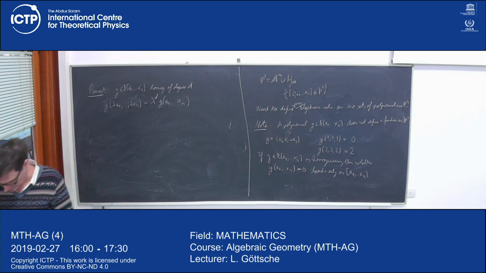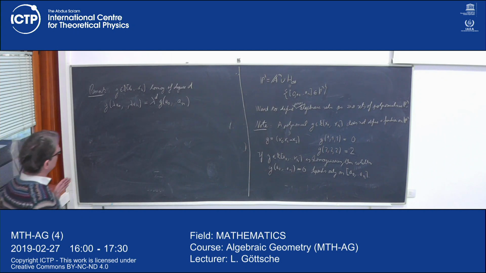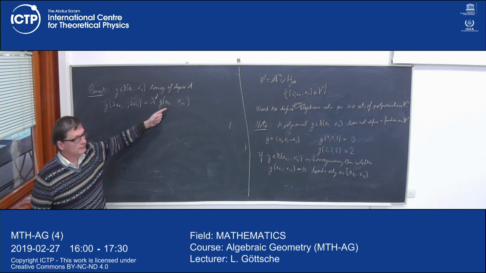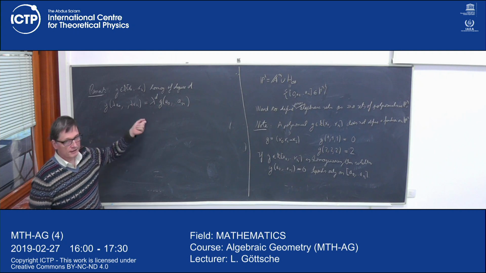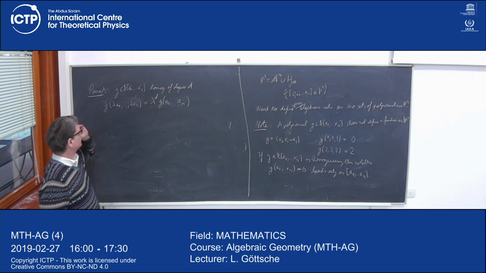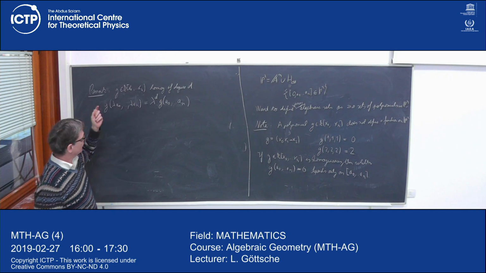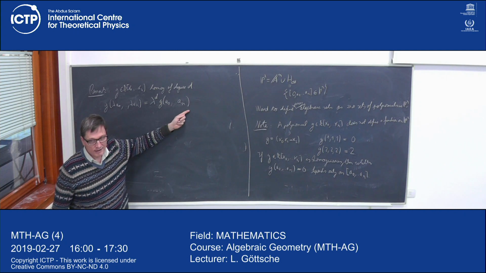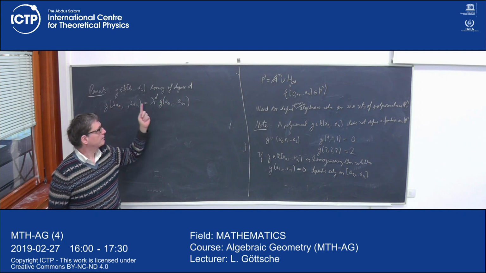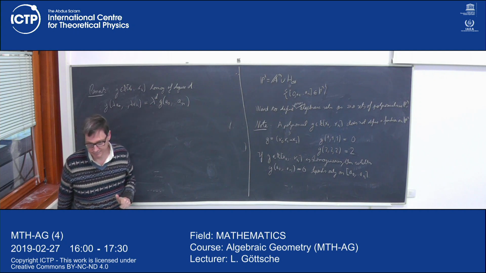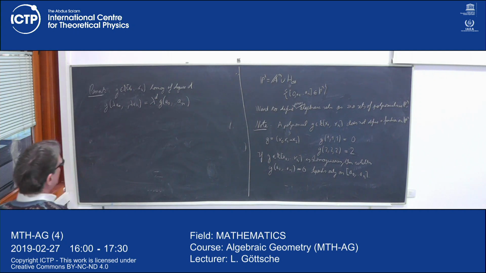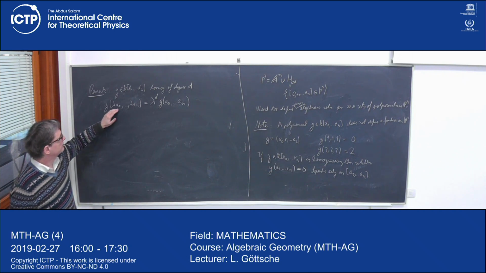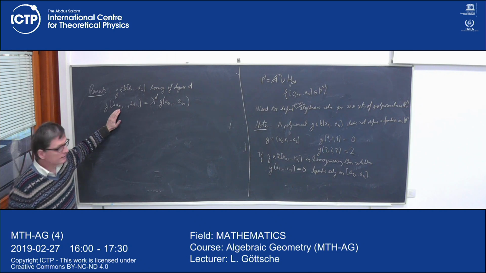Why is that? That it's homogeneous means that it's a linear combination of monomials, where each monomial is a product of d of the variables xi. So if you evaluate it, for each monomial you get the product of d of the ai's, and so if I multiply each ai by λ, we multiply the whole thing by λ^d. And so in particular we see that if this thing is 0 for one representative, it is 0 for all representatives.